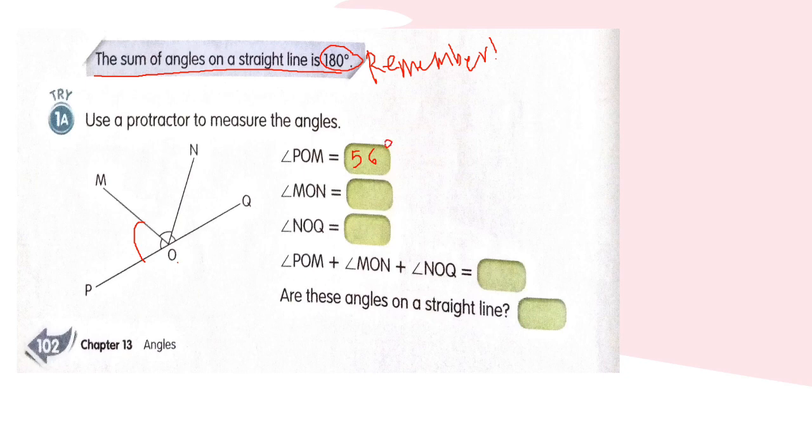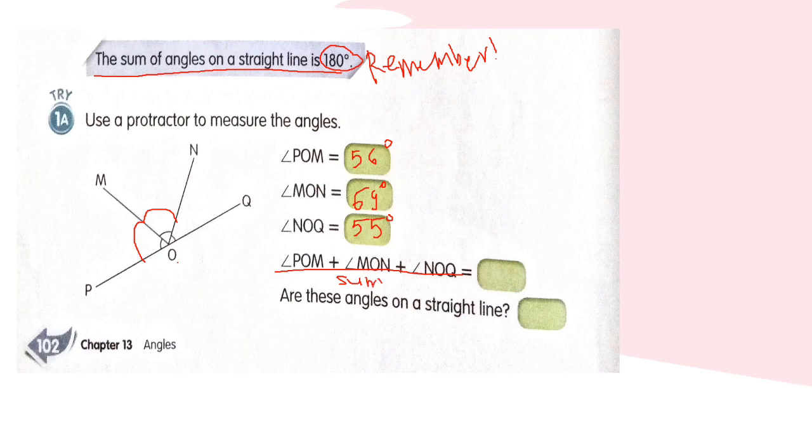And then MON here, this angle is equal 69 degrees, and then this angle here is 55 degrees.